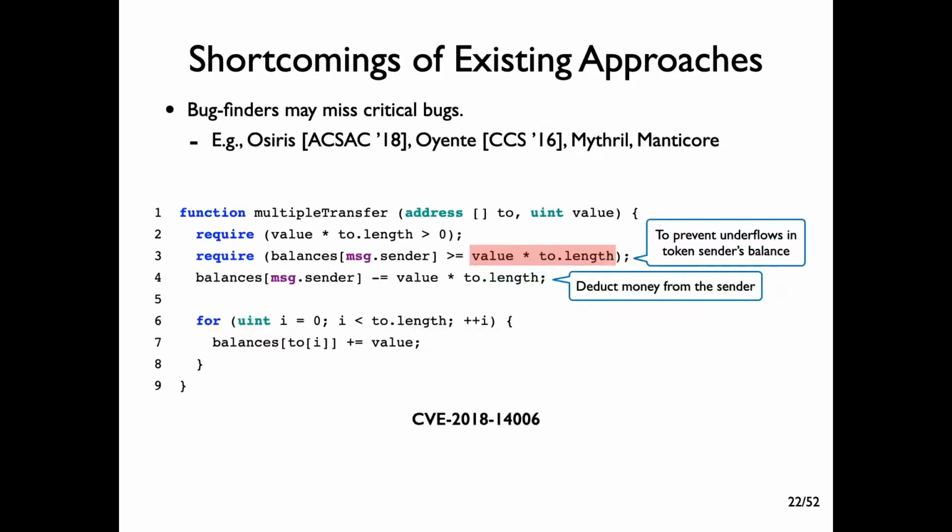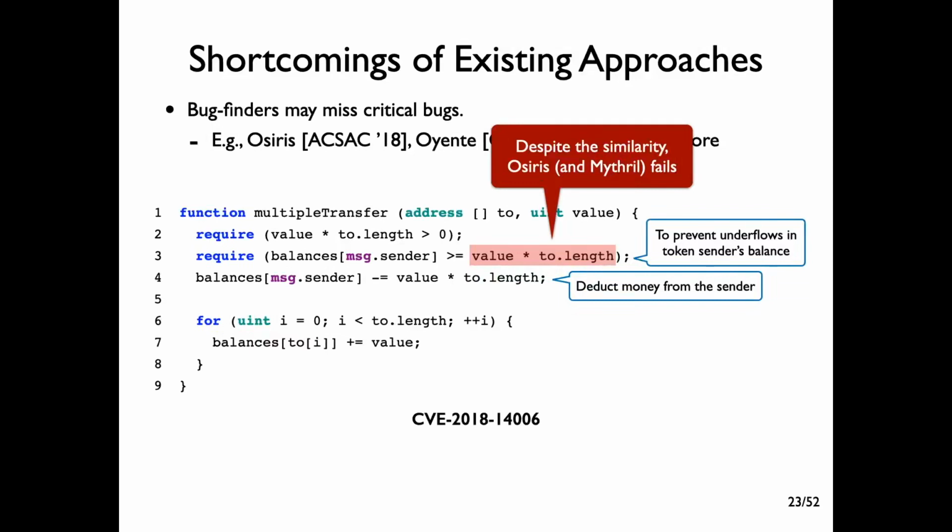This function has a similar vulnerability to that of the previous example. Specifically, the statement at line 3 aims to prevent the underflow at line 4, but the sanity checking for the overflow by the multiplication is missing. Despite the similarity between the vulnerabilities, Osiris now fails.